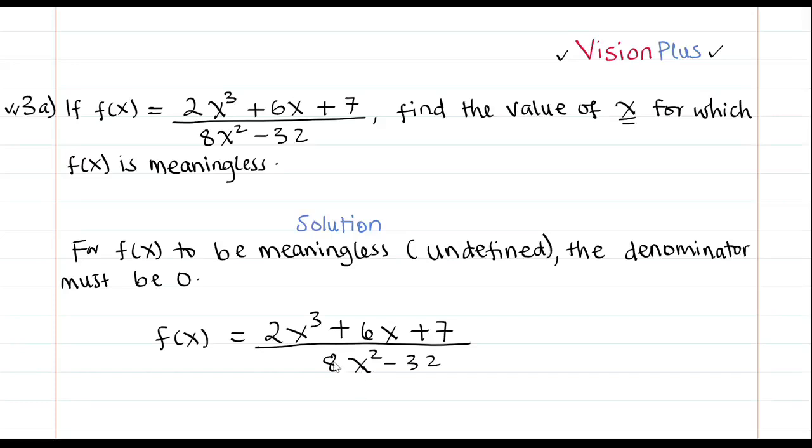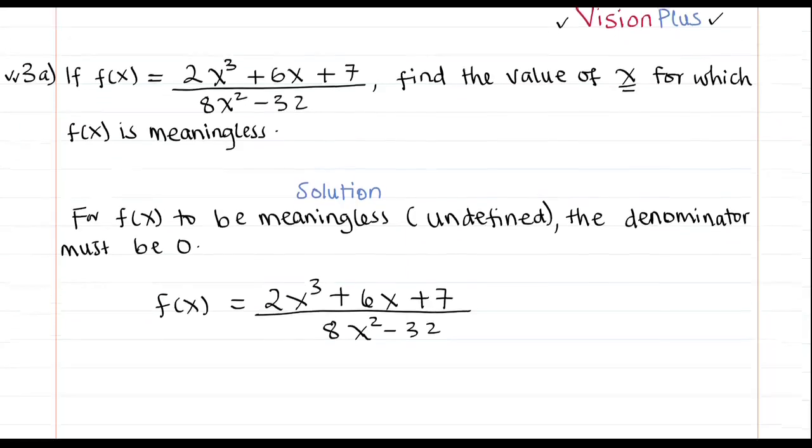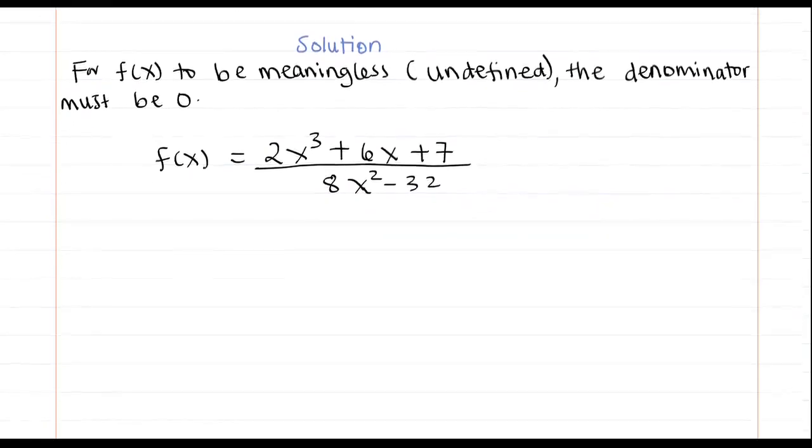We equate the denominator to 0, irrespective of what is on the numerator. As long as you are looking for the values that make the function undefined or meaningless, do not look at the numerator. We always look at the denominator, so we equate it to 0.